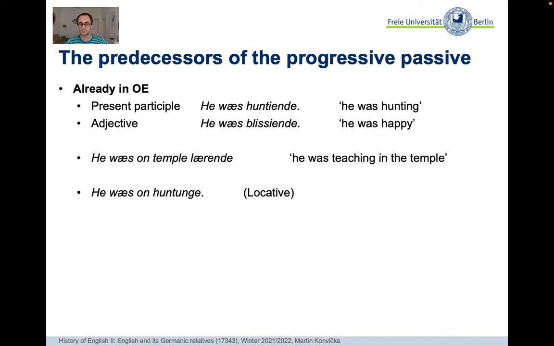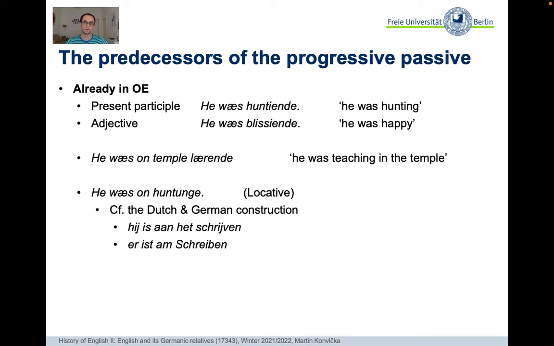And this last example with the locative construction is also something that we know from other Germanic languages. For example, German and Dutch, right? So for example, in German there is this am progressive construction. Ist am Schreiben. Very similarly in Dutch, hij is aan het schrijven. He is currently writing something.